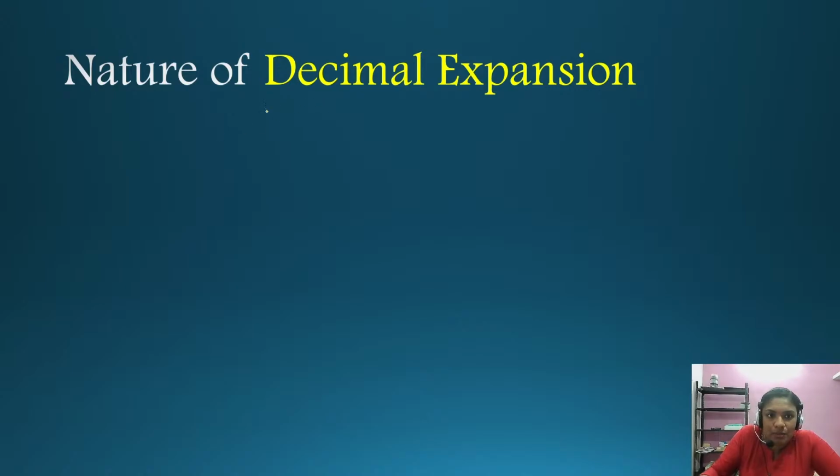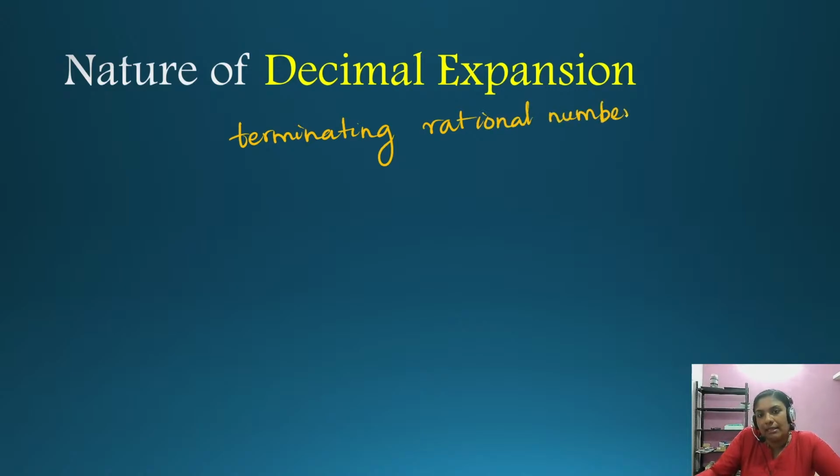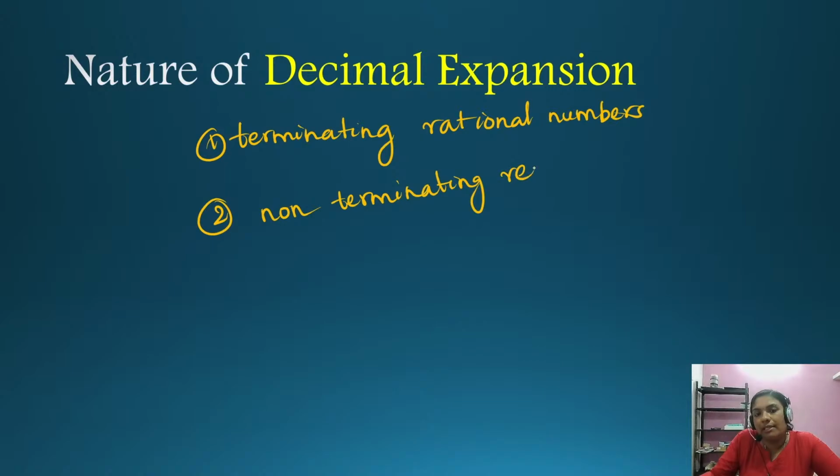So based on the nature of decimal expansion, we can introduce two names. What are those? Terminating rational numbers or decimal expansion. This was the first one. And the second one, non-terminating but recurring, non-terminating, recurring or repeating rational numbers.